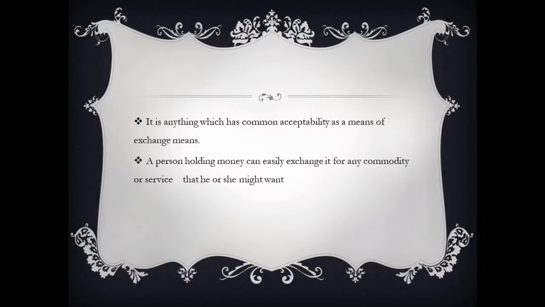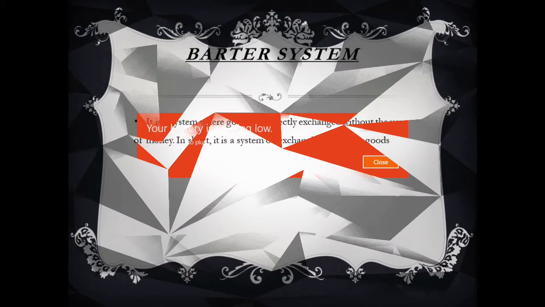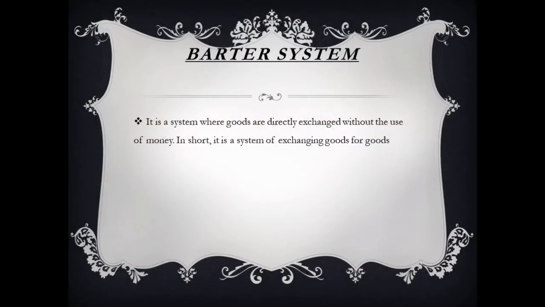Here, two concepts: one is barter system and second is double coincidence of wants. We should see what is barter system. Barter system means a system where goods are directly exchanged without the use of money. In short, it is a system of exchanging goods for goods.